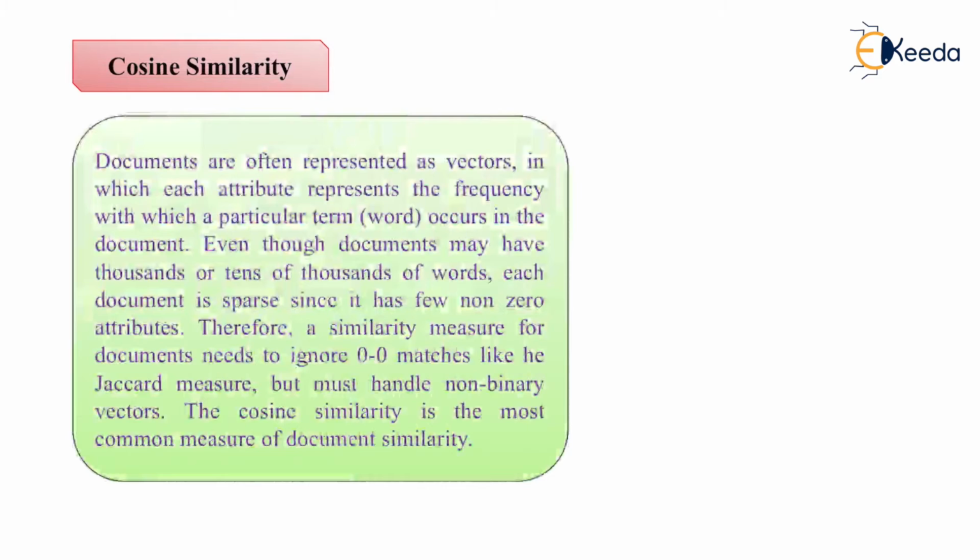Therefore, similarity measures for documents need to ignore 0-0 matches, like the Jaccard measure, but must also handle non-binary vectors. And cosine similarity is the most common measure of document similarity.